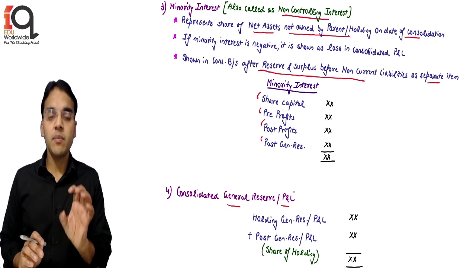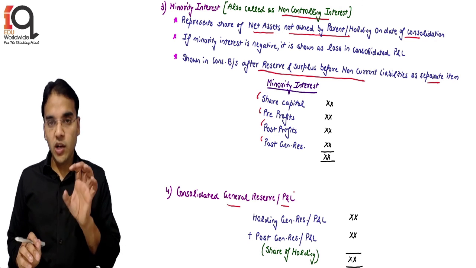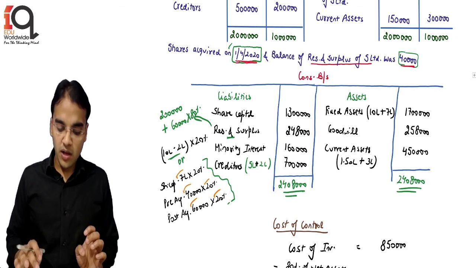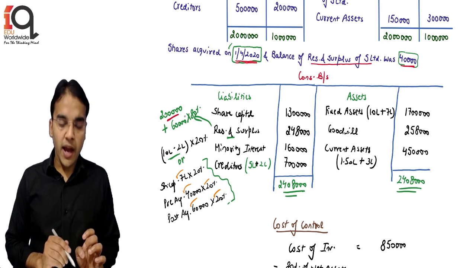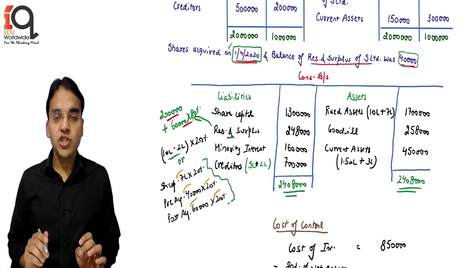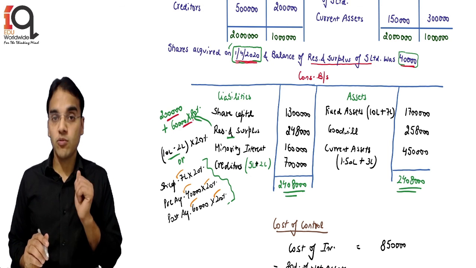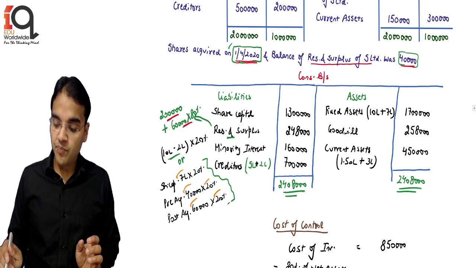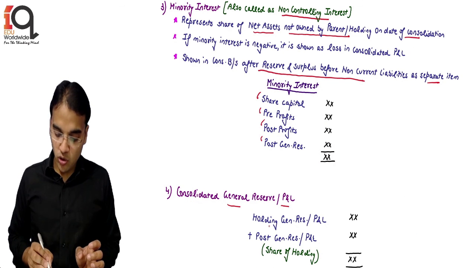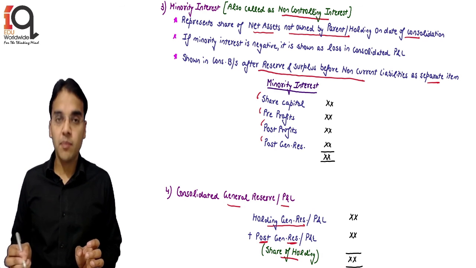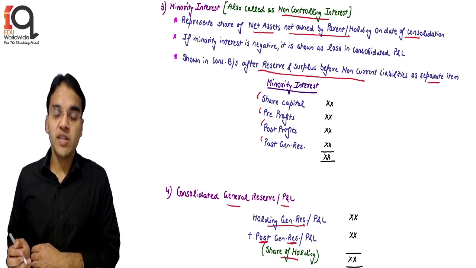And then there is a consolidated general reserve or P&L. Means consolidated means which we find out the value. 2 lakh was the holding company's value, if you will see this particular thing, and the share of the holding in the reserves of the subsidiary which was post acquisition. Okay, so this is the thing, that is holding company's general reserve or P&L plus post general reserve or P&L, which is share of the holding, 80% in the post profit, that is the revenue profits.